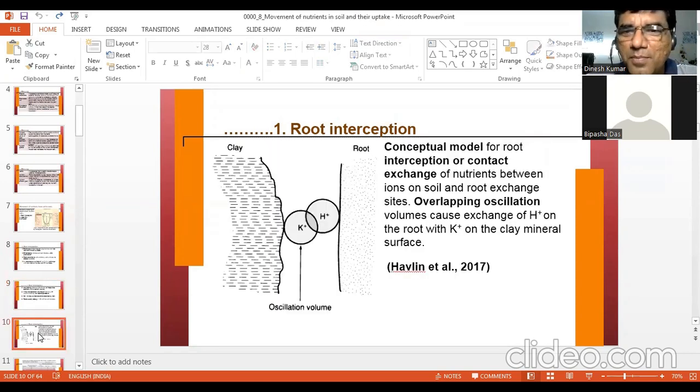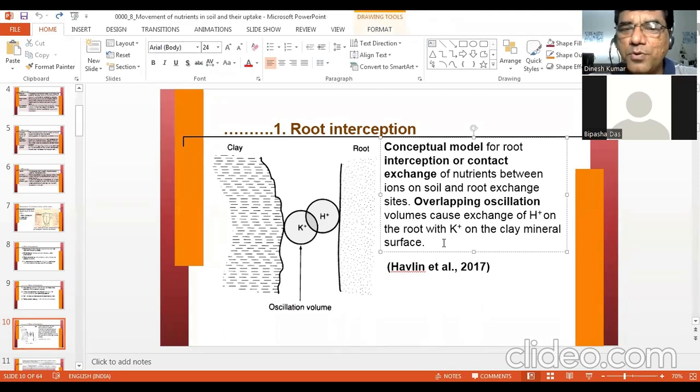So you can see the conceptual model for root interception or contact exchange of nutrients between ions on soil or in soil solution or in root exchange sites. Overlapping oscillation volumes cause exchange of hydrogen ion on the root with the potassium ion on the clay mineral surface.